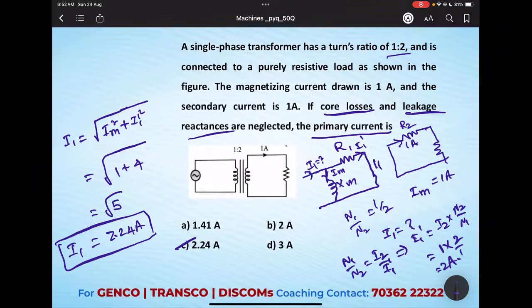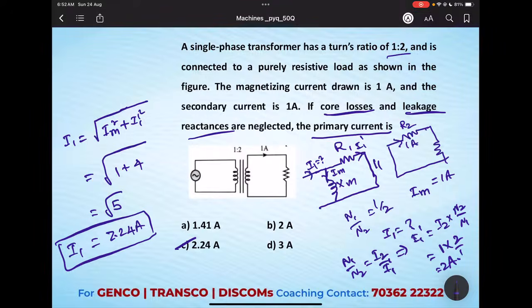What we need to focus on in a given question is, if the question is related to the equivalent transformer circuit, we need to be clear about the basics. I am always telling, in order to solve questions in machines, we have to be very clear about the basics.